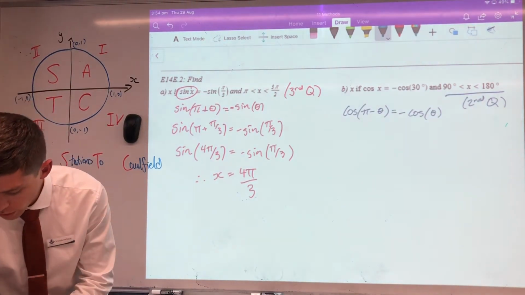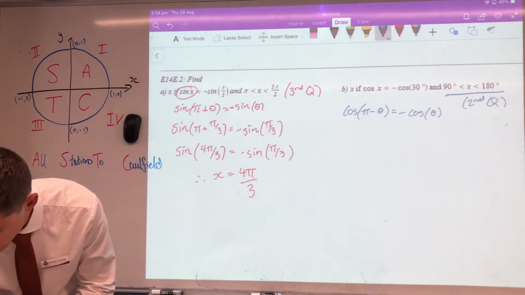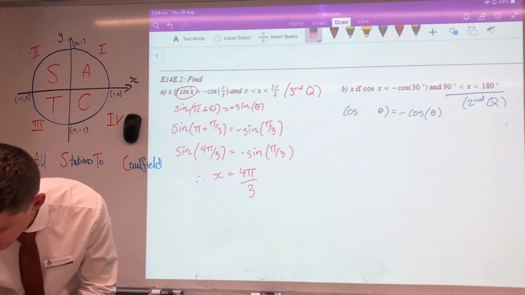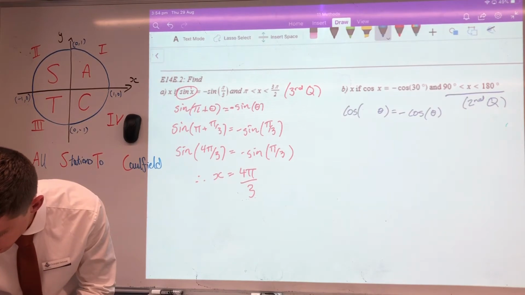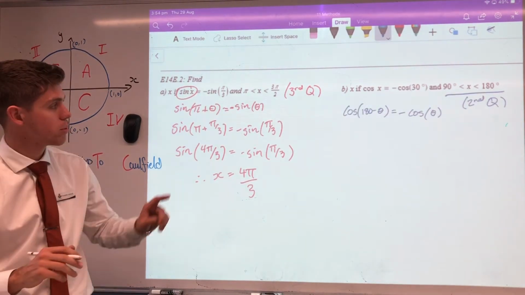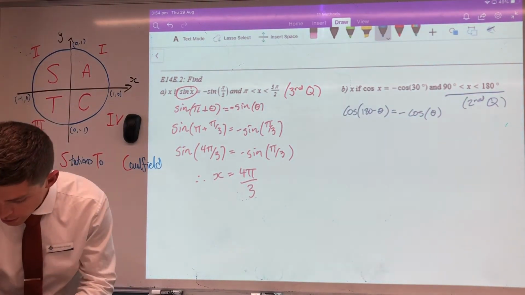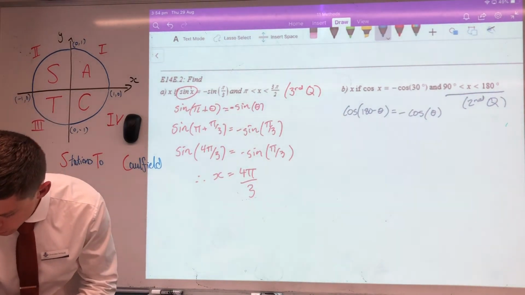Now, the angle that we were given was 30 degrees, so actually, let's not write pi, let's write 180, because we're using degrees and not radians. So let's put in our 30 degrees.